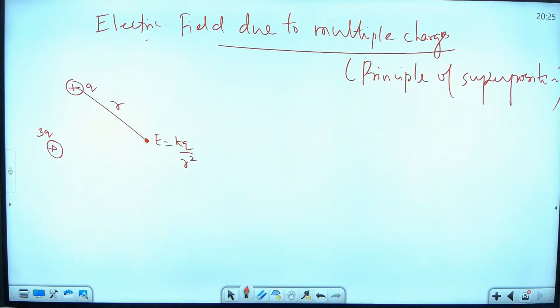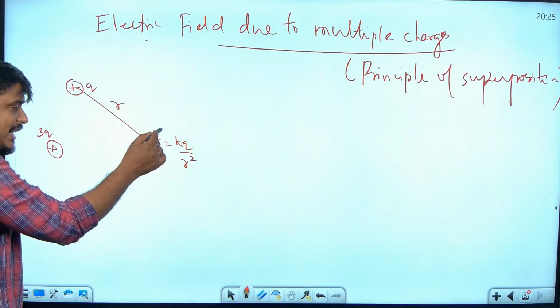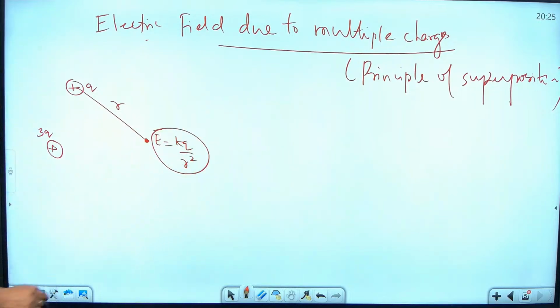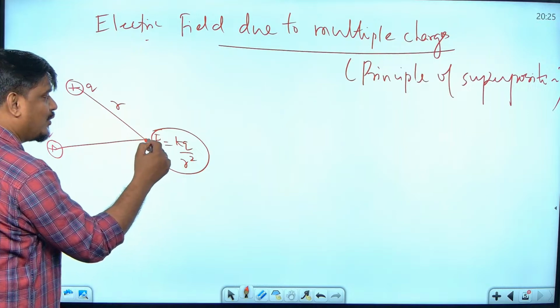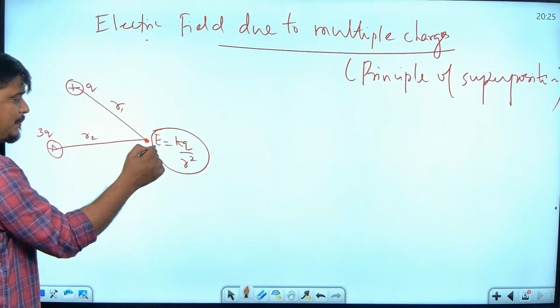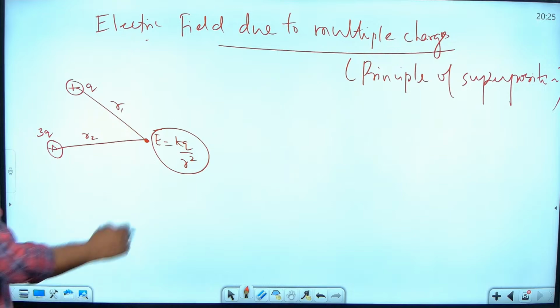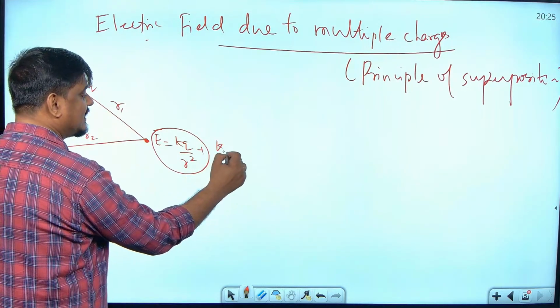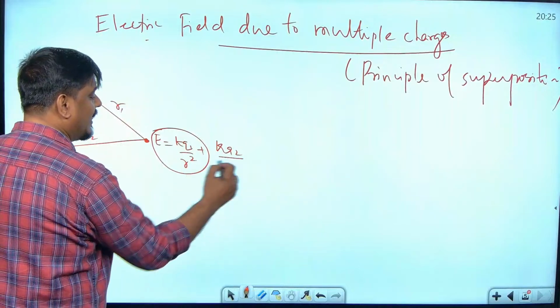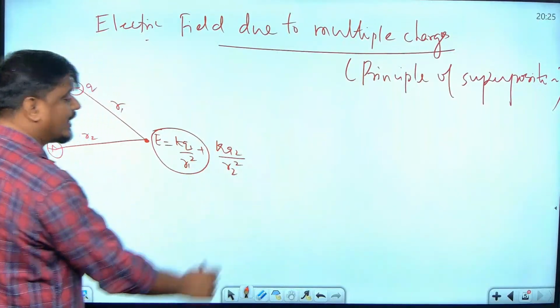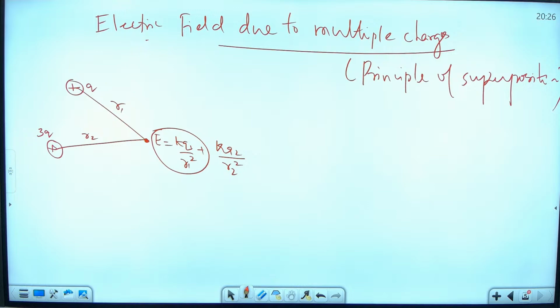Do you think now at this point electric field is going to be only kq by r square? No, because this plus 3q will also exert some electric field here, force here. So it is going to become this plus k(3q) by r square. But is it just the algebraic addition?